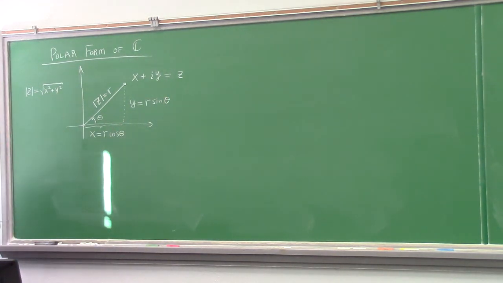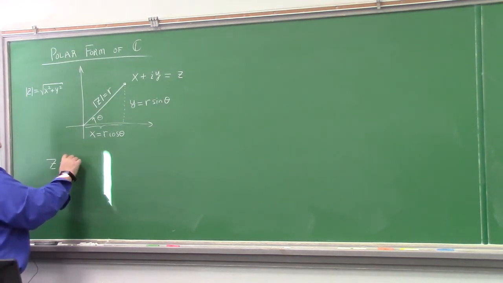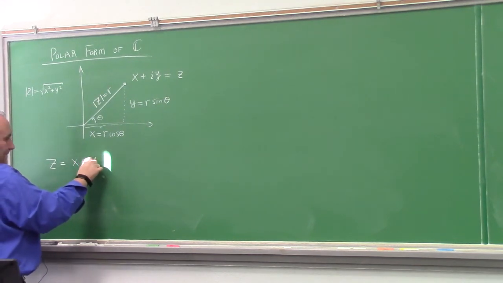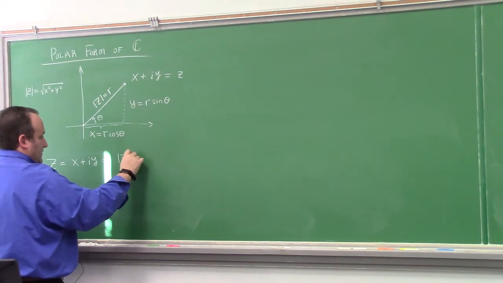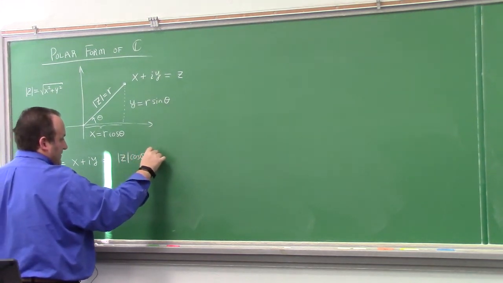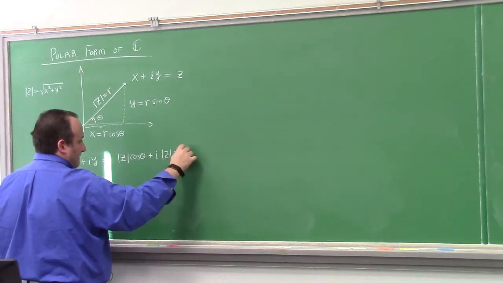And so what does this tell us about z? Z is equal to x plus iy, right? But what's that equal to? That's equal to the magnitude of z cosine theta plus i magnitude of z sine theta, right?